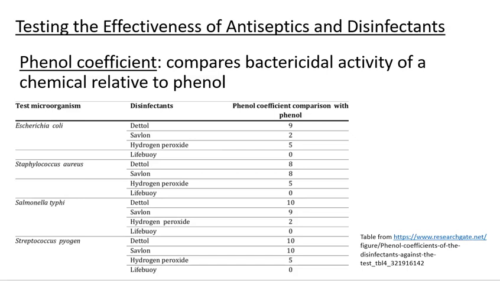And if it's less than 1, you know it's less effective than phenol. So there is the ability to look at the effectiveness, but remember, if we looked at these different chemicals, some of them are going to have different modes of activity, and they aren't always going to have the same mode of action as what you would have for phenol. So again, it's kind of an arbitrary method that isn't as reliable as people would like to think.